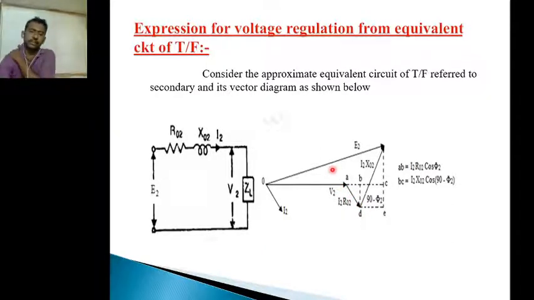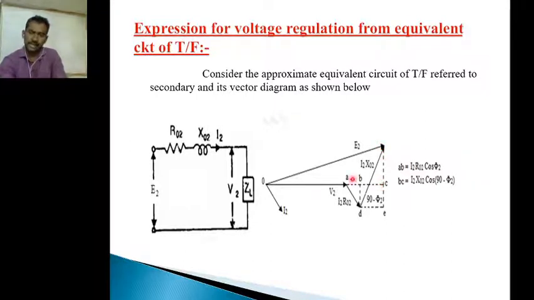And the angle between this line and this line is phi 2. Why? Because this angle is phi 2, so this angle is also phi 2. And this I2 R02 and I2 X02 are perpendicular to each other. So we can write this reactance component I2 X02 exactly 90 degrees to the I2 R02. So V2 plus I2 R02 and I2 X02 gives E2.